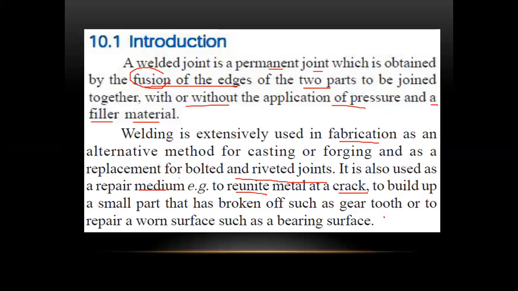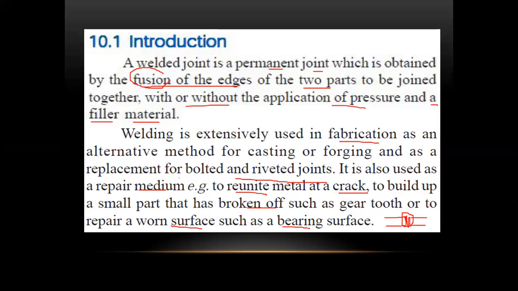Suppose you have welded two metal components, and later you see a crack on the welded portion. Then again you will go for welding, that is, reuniting the metal at a crack, to build up a small part that has broken off, such as a gear tooth, or repair of a worn surface such as a bearing surface.